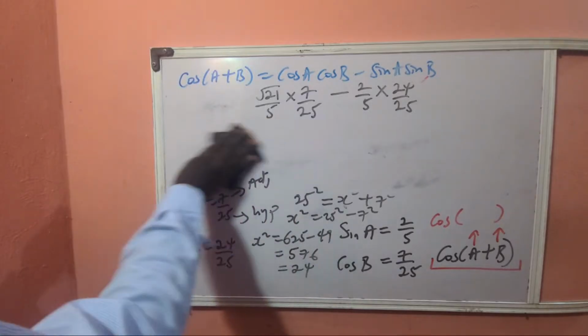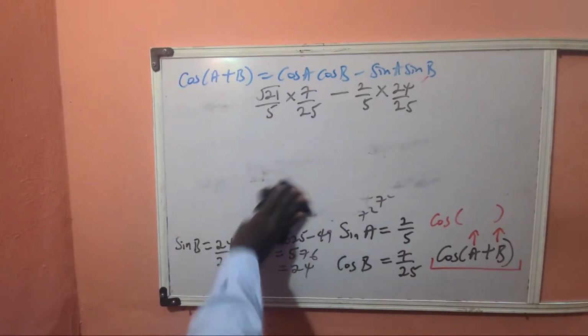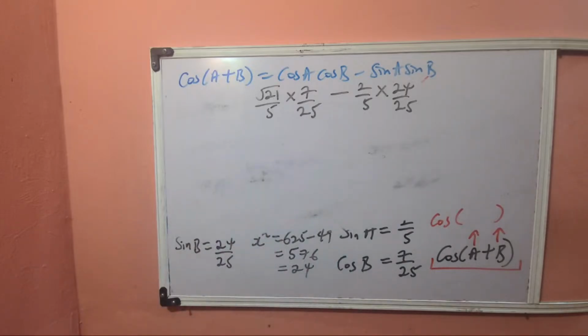This is a total of 5 marks. So there's no way we are going to finish all the questions we're supposed to solve today. So we will have to pick back on all these other questions later because there are so many questions to solve.